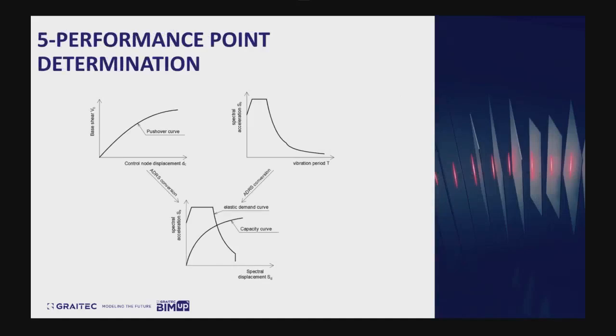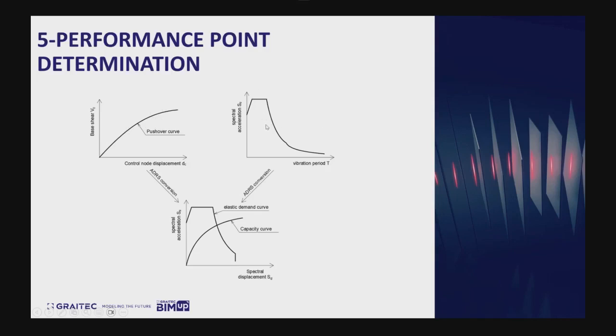So we have here what the structure can offer, which is the capacity curve, also known as the pushover curve. This represents the lateral resistance of the structure. And here we have the seismic demand, what the earthquake wants from the structure. So we need to match between what the structure can offer and what the earthquake wants.